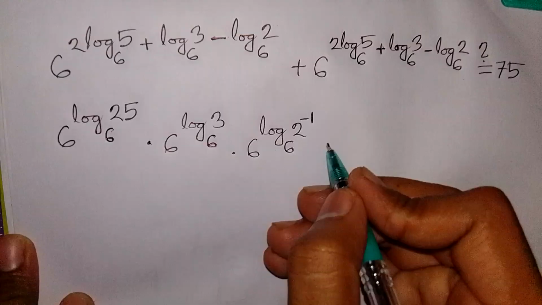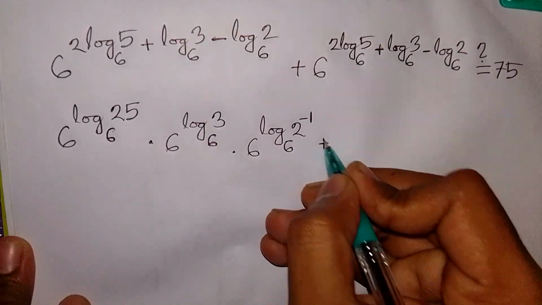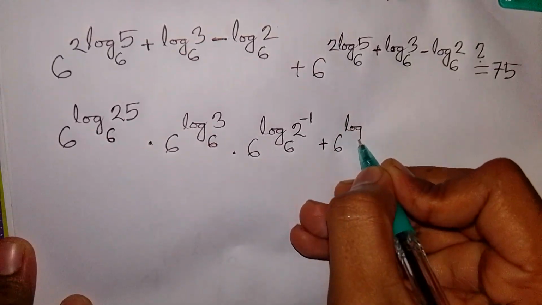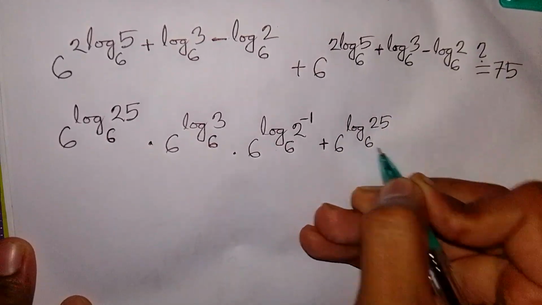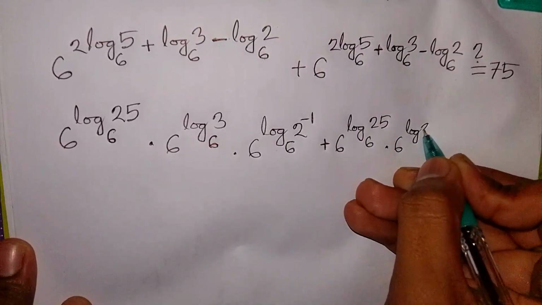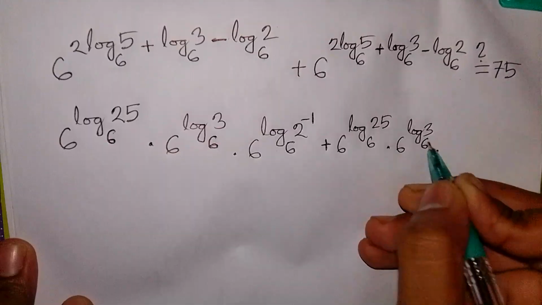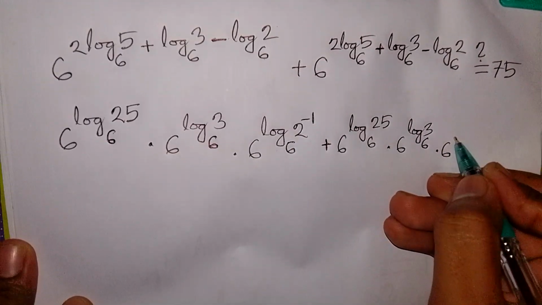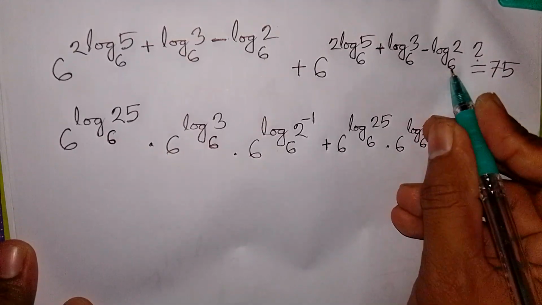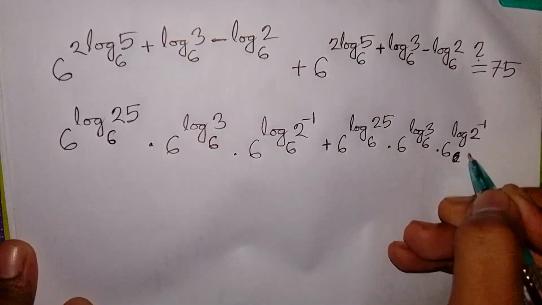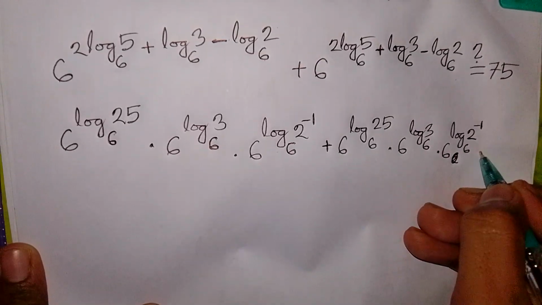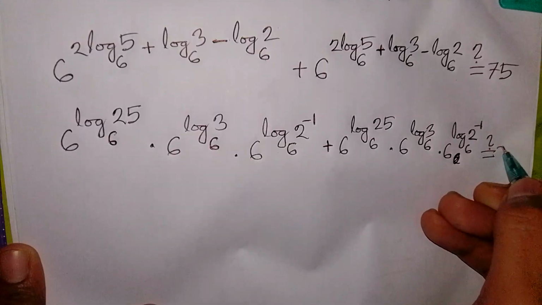Then here plus 6 power of 2 log 5 base 6, which is the same as log 25 base 6, times 6 power of log 3 base 6, times 6 power of log 2 power negative 1 base 6. Is it equal to 75?